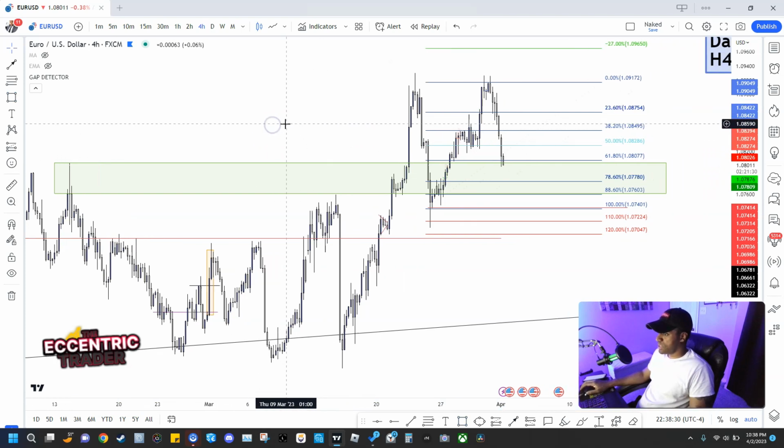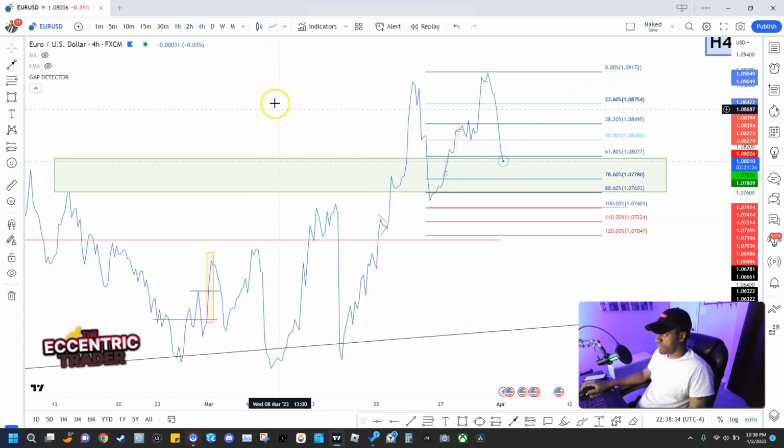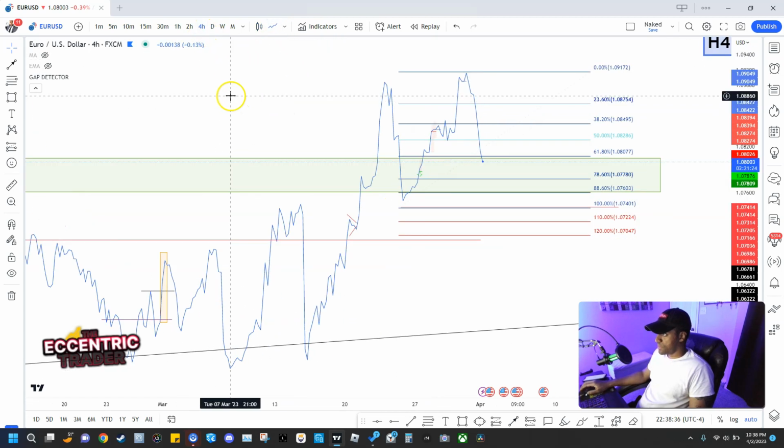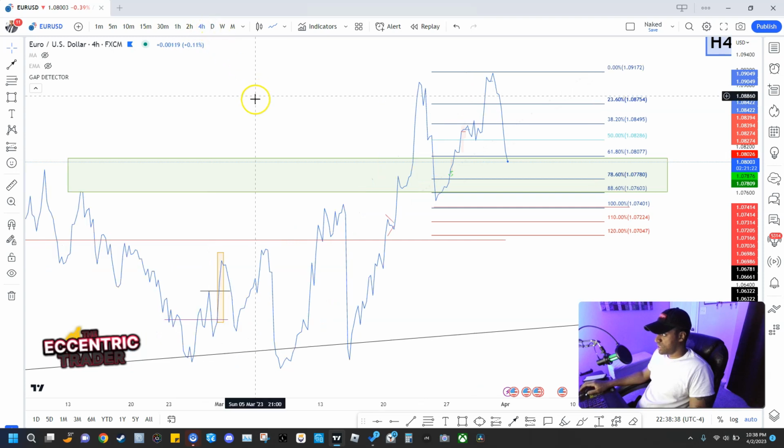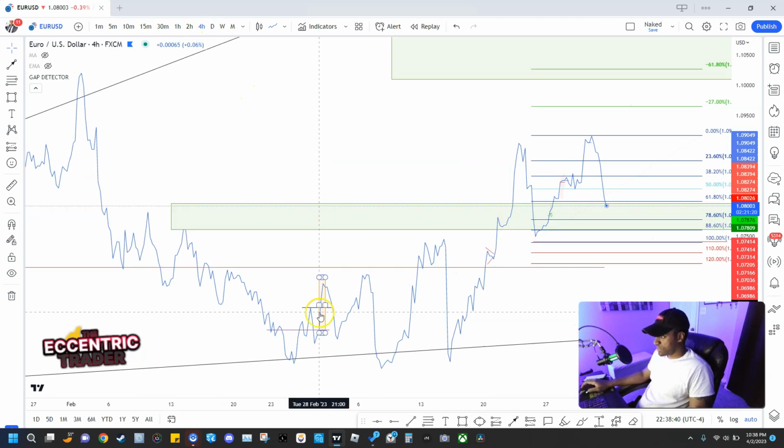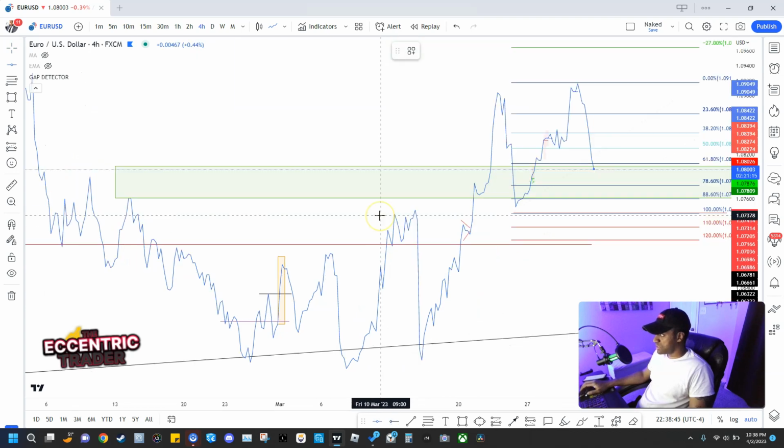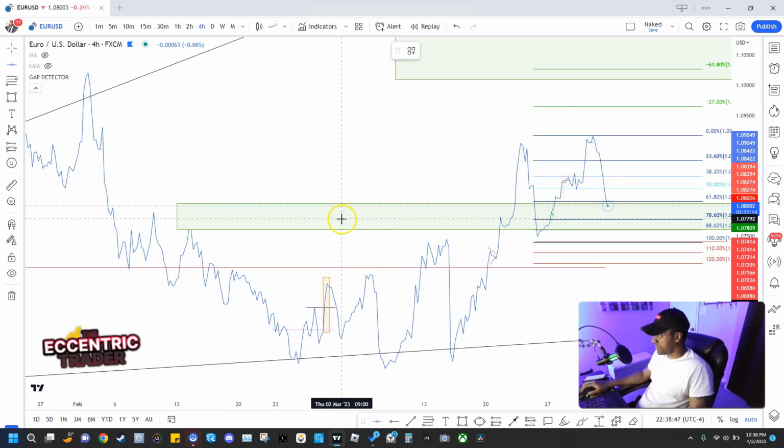Another thing you can do is go to your line chart. You can use the H4 or the daily. You take your horizontal line and you look for 2 touches, if you can find one. If you can't find one, cool, but if you can, it should look something like this.